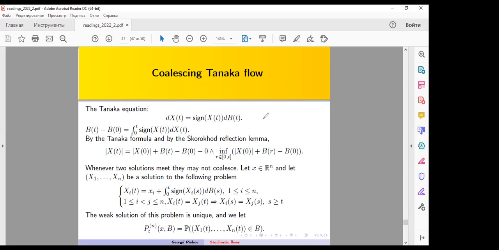And the flow looks like this. So we have parallel motion before hitting 0, and after hitting 0, something happens.